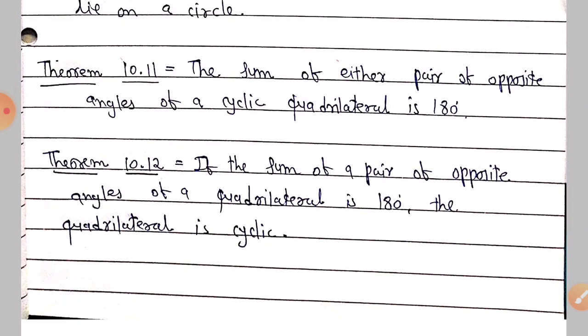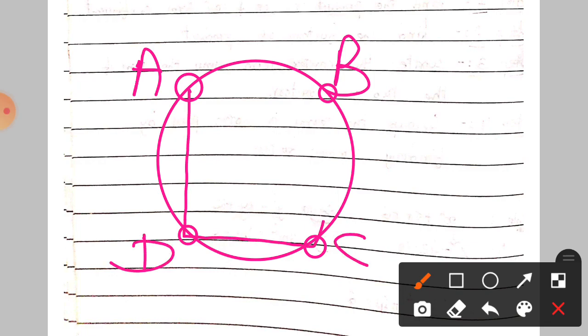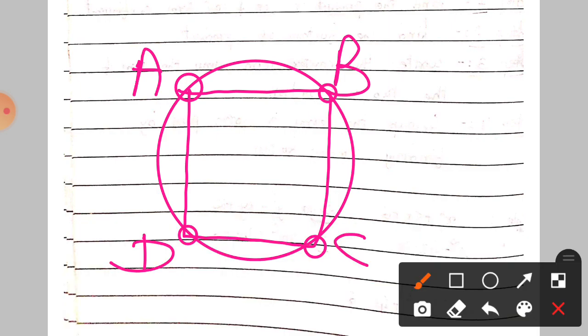Theorem number 10.11 is that the sum of either pair of opposite angles of a cyclic quadrilateral is 180 degree. Now what do you mean by this theorem? Let's understand. Let's assume that this is our A point, B point, C point and D point, lying on a circle. Now join them. So one quadrilateral is formed, that is called a cyclic quadrilateral. So now what is the relation between those angles?